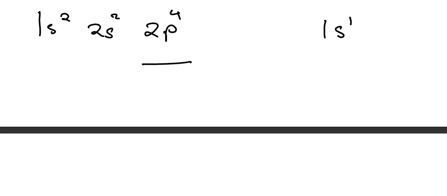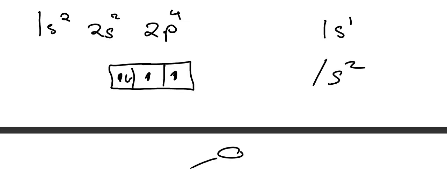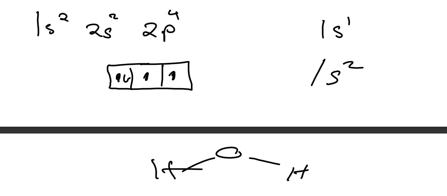In the 2p, you fill it with these 4 electrons. Then hydrogen, there are 2 of them, and each one contributes 1 electron.